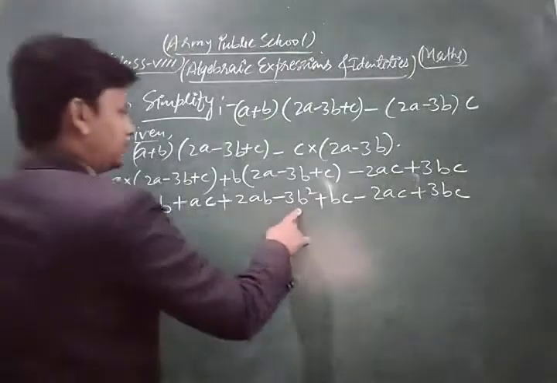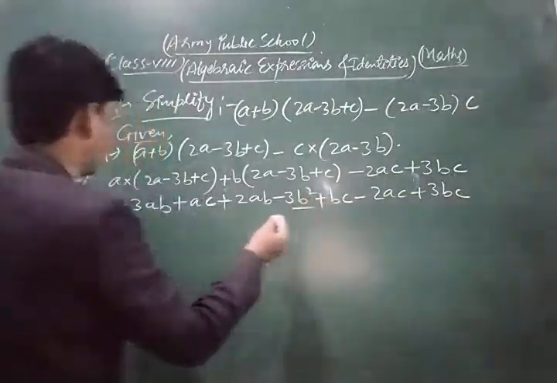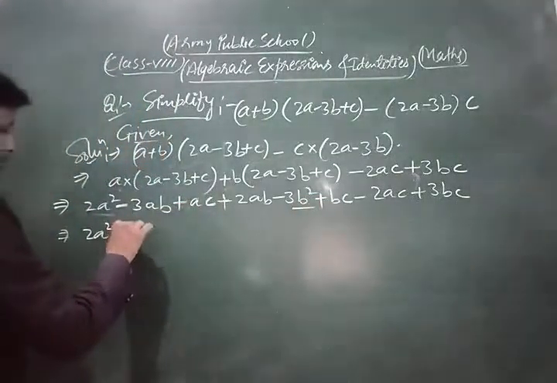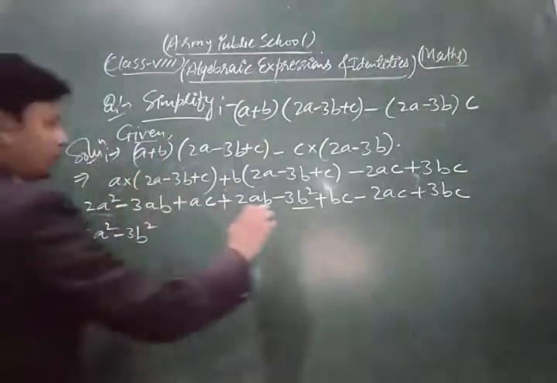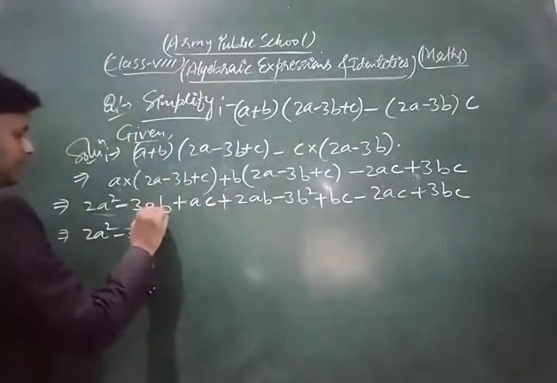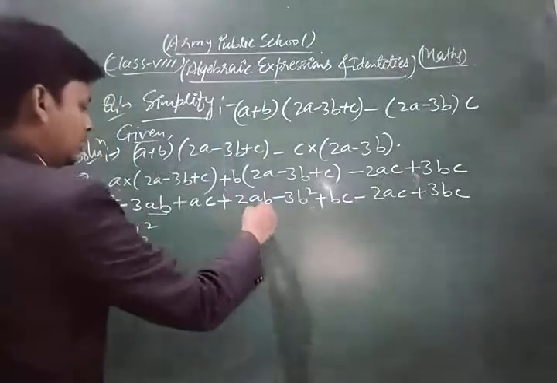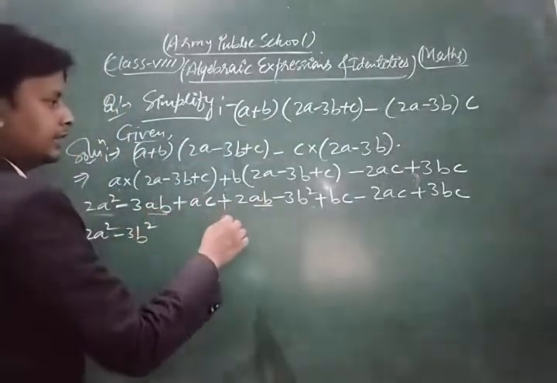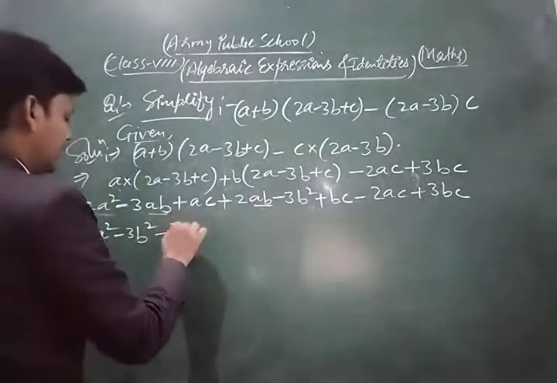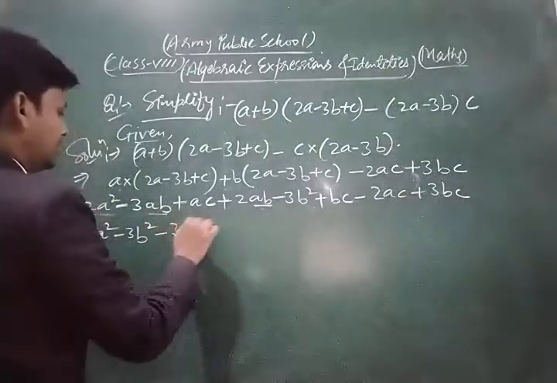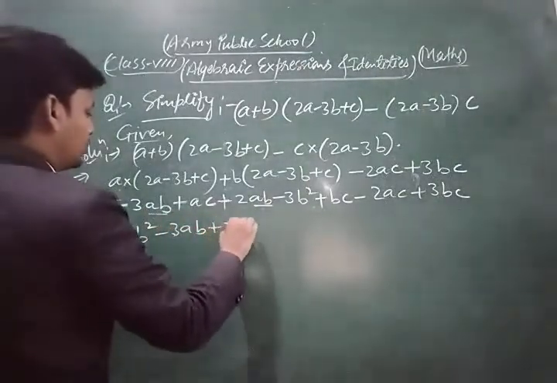Now b square is not anywhere else, so minus 3b square is taken this way. Now look, this is ab and ab is there, so here we write minus 3ab and plus 2ab together.